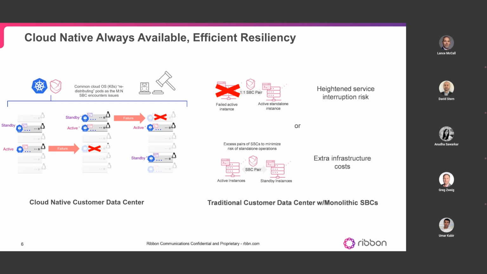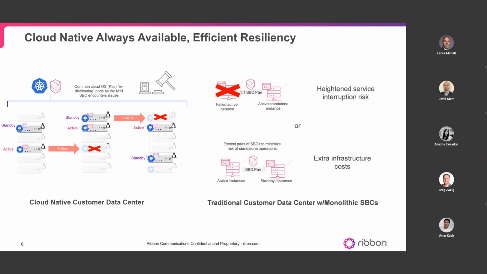So the SBC is never really operating in a condition where you just have the one instance of the active standby pair operating while you as a customer happen to be in a state of panic trying to determine what's happened with the prior active instance and what caused its failure.